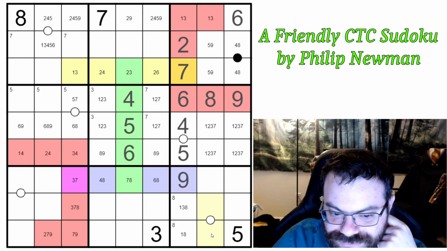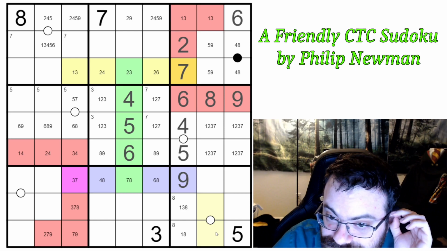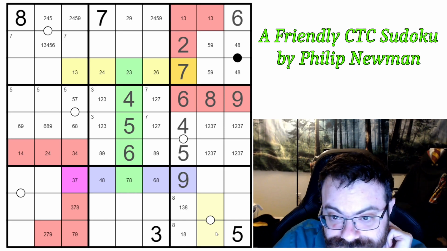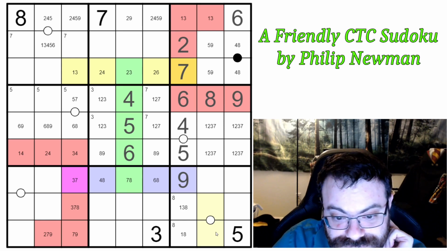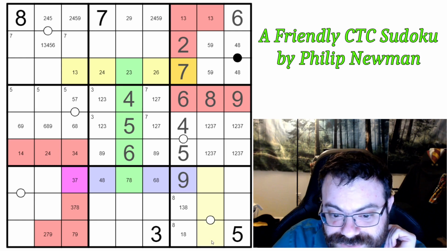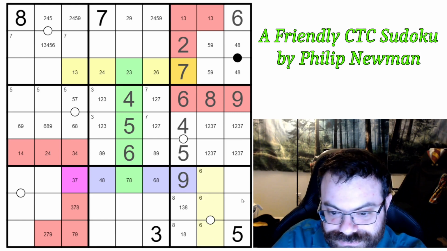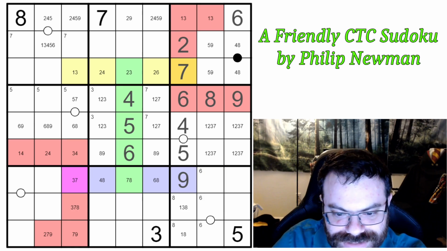So we're 6, 7, or we're somewhere less than 5. In fact, 6 does have to be down here somewhere. So if it were on the white dot, it would have to be 6, 7. Oh, if I could prove this wasn't a 6, that would really help.